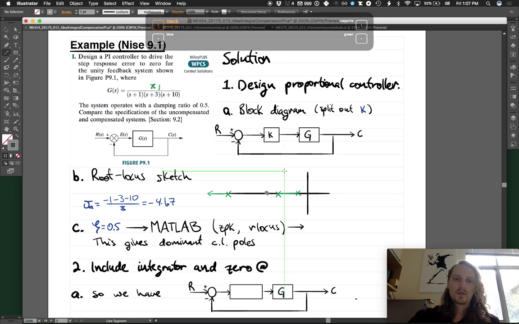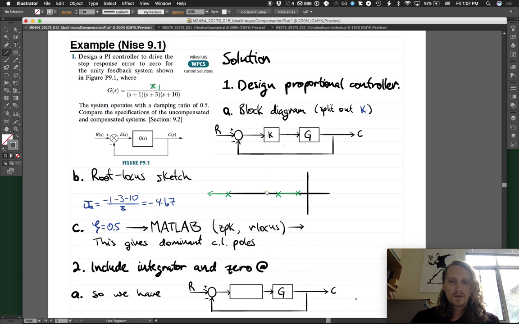So I'm going to go ahead and draw them in here. So there's this one. Then there's this one. And then there's this one. Okay, so those are the asymptotes.